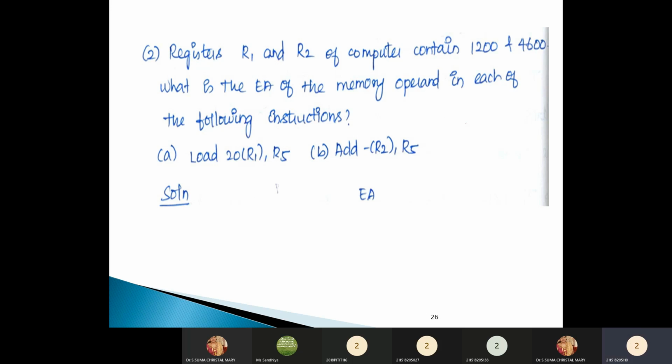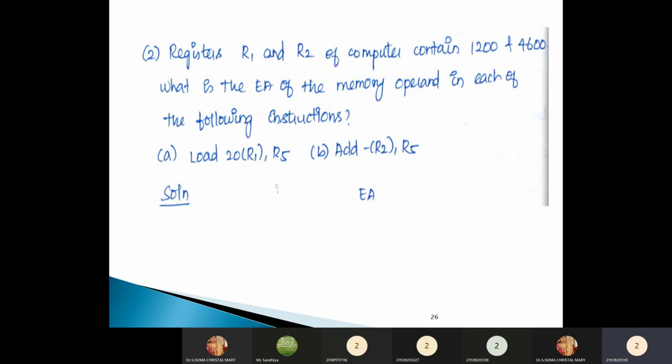Next, the second instruction, add minus R2 comma R5. Now 4600 minus 1 will be the answer.